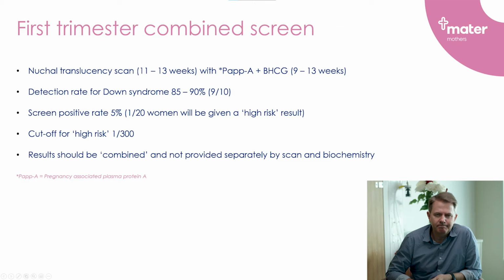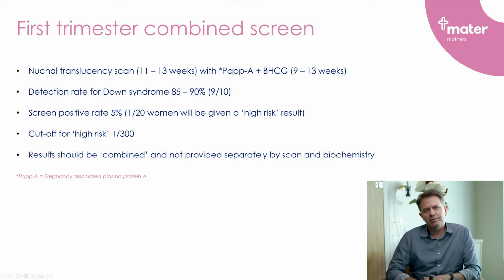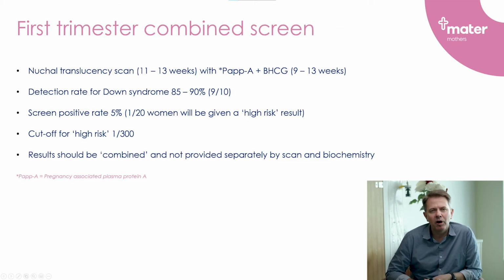The results of a combined first trimester screen, which combines PAPP-A and beta-HCG with a nuchal translucency scan, should always be combined, hence why it's called that, because if you offer two separate risks, it can be very confusing for the patient.